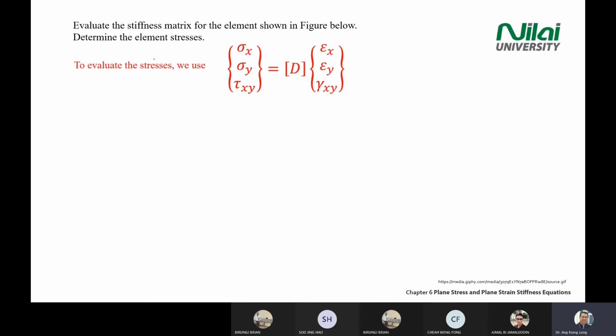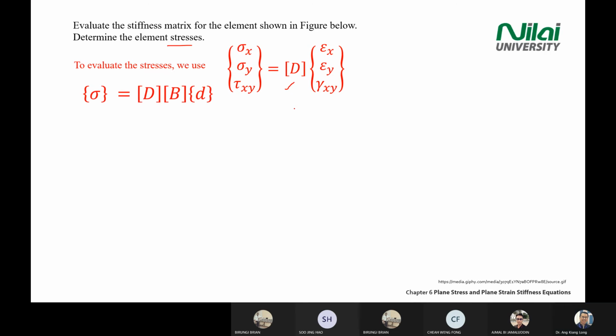So the next one, we need to solve for the stress for the element. So we use this equation: stress equals D times strain. For stress, you have X, Y, and XY shear stress. And on the right hand side, you also have XY. D, we already showed you how to find.